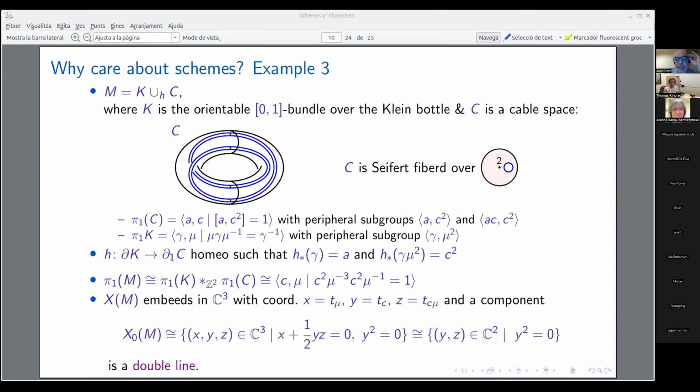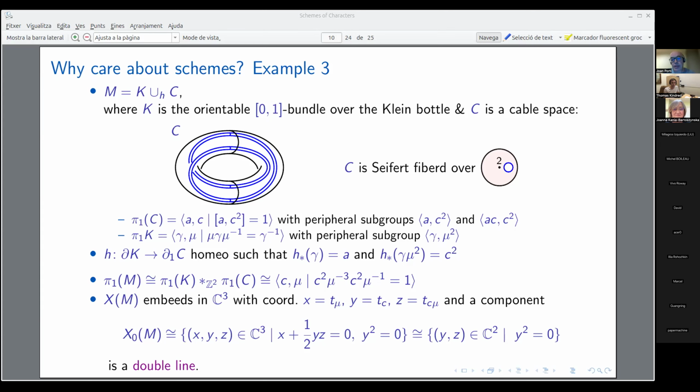So let me just describe the scheme of characters. The fundamental group is an amalgamated product, and to compute it, it's easier to work with just two generators. You can prove, working a little bit, that this group has a presentation with two generators and this relation.